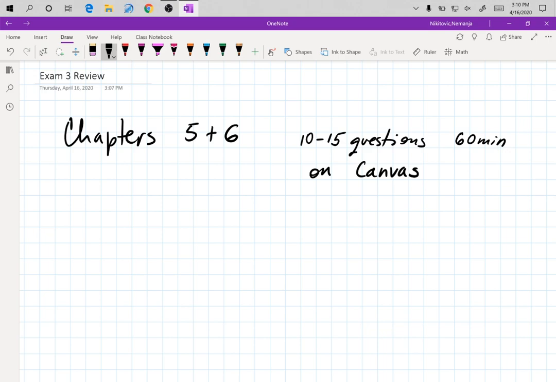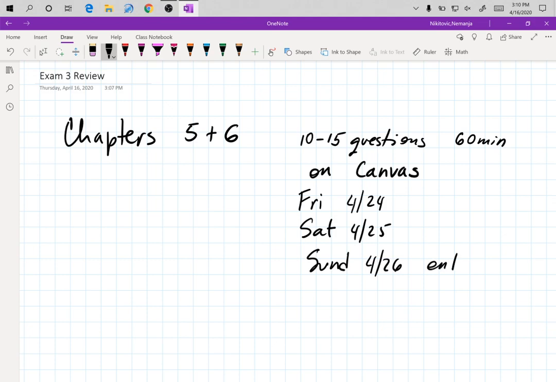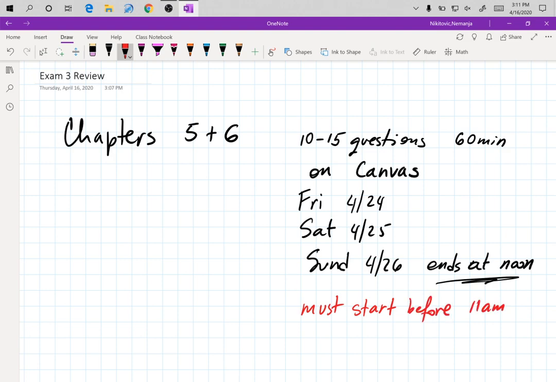And the dates are Friday 4/24, Saturday 4/25, Sunday 4/26, which ends at noon, which means it must start before 11 a.m. If you are waiting to take the test at the last second, that last second is an hour before the test closes, because you have an hour for the test.